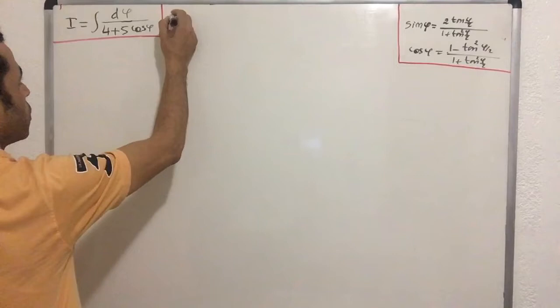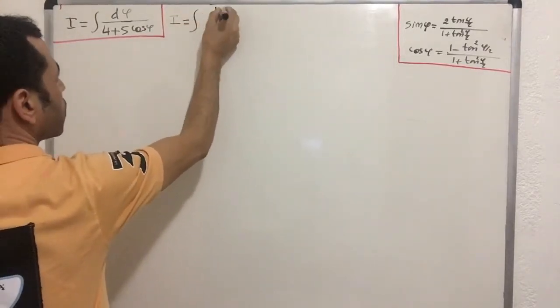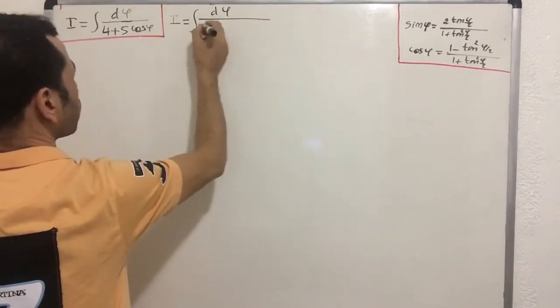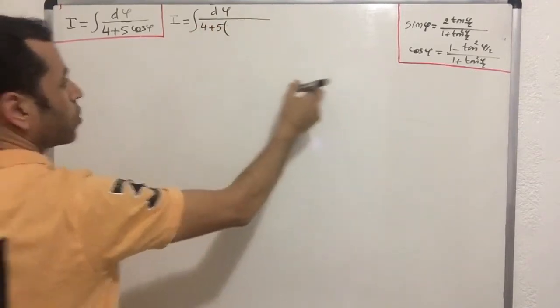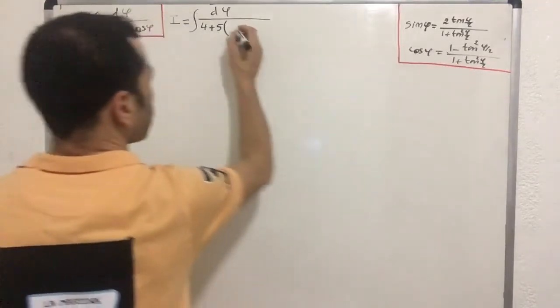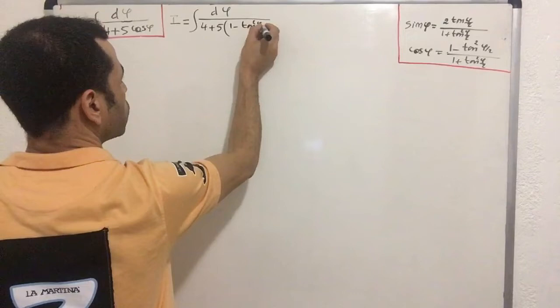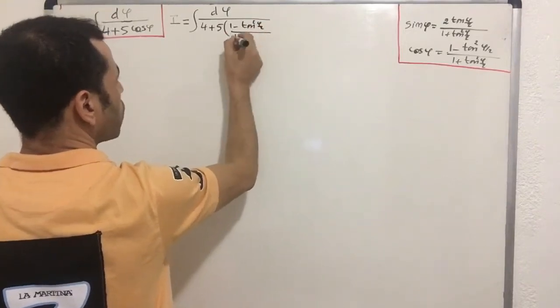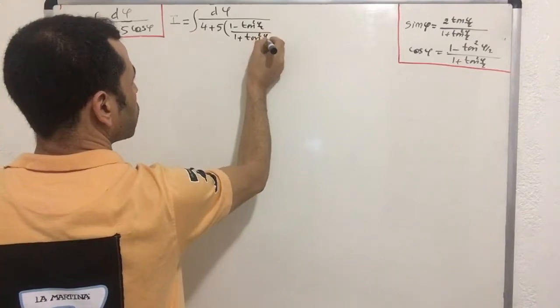Let's put I equal d phi over 4 plus 5 cosine phi. We know this one, cosine phi equals 1 minus tangent squared phi over 2 over 1 plus tangent squared phi over 2.